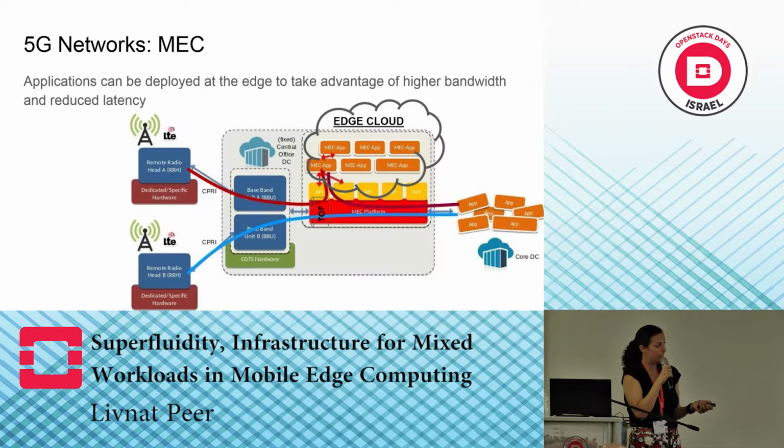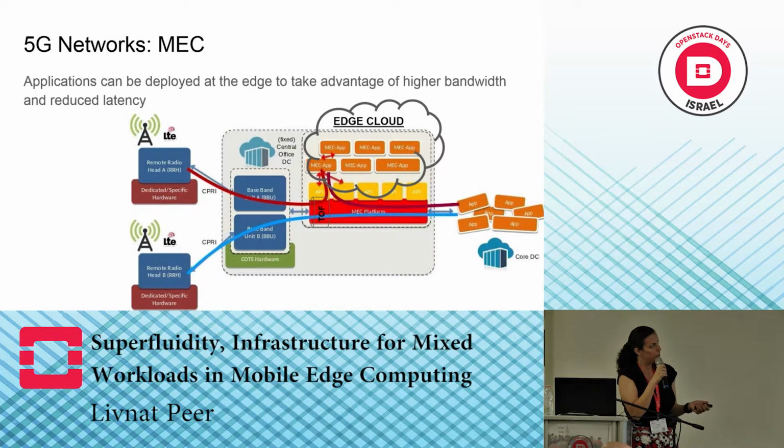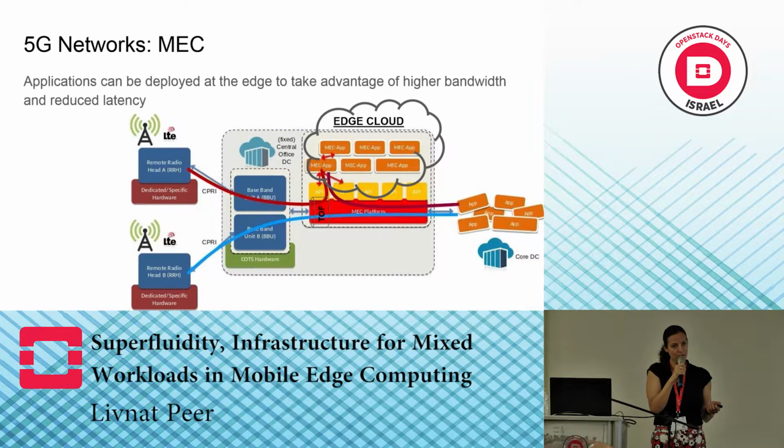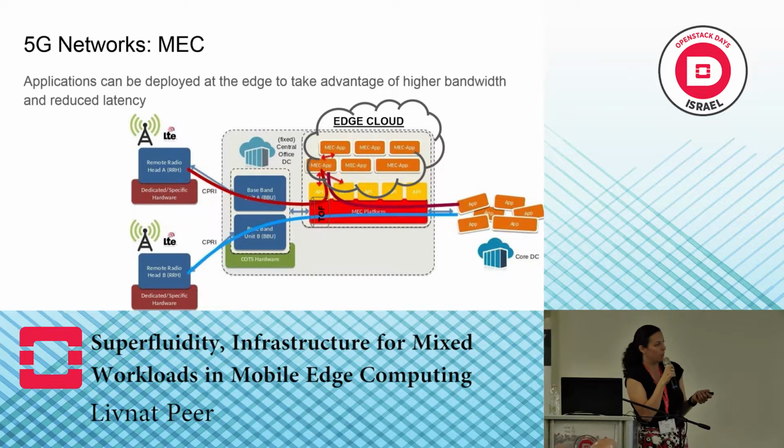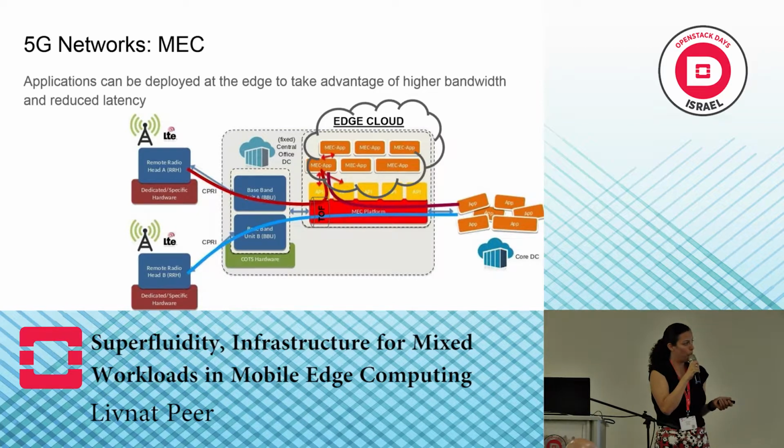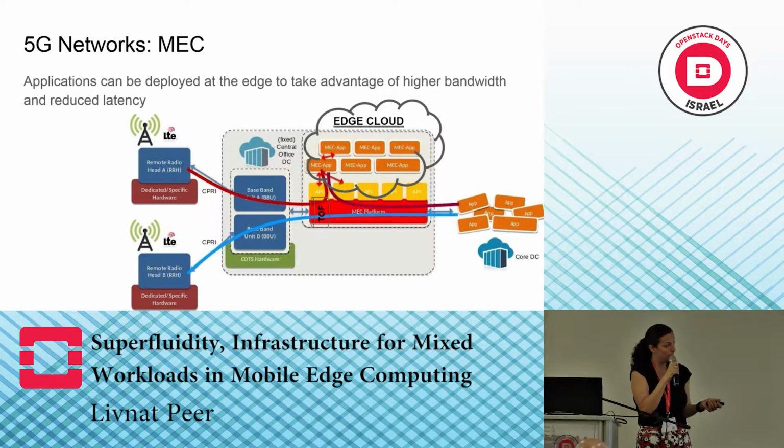So that's the next step of the evolution. So having the C-RAN together with the mobile edge computing. Now it's also known as multi-access edge computing, because it's apparently a problem that applies not only to the cellular domain.